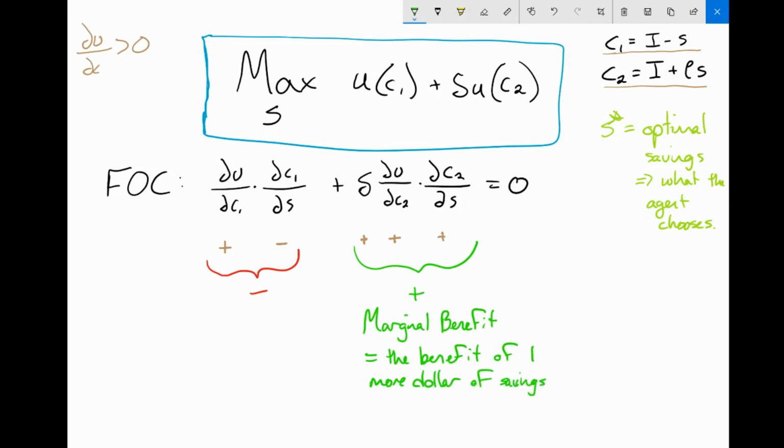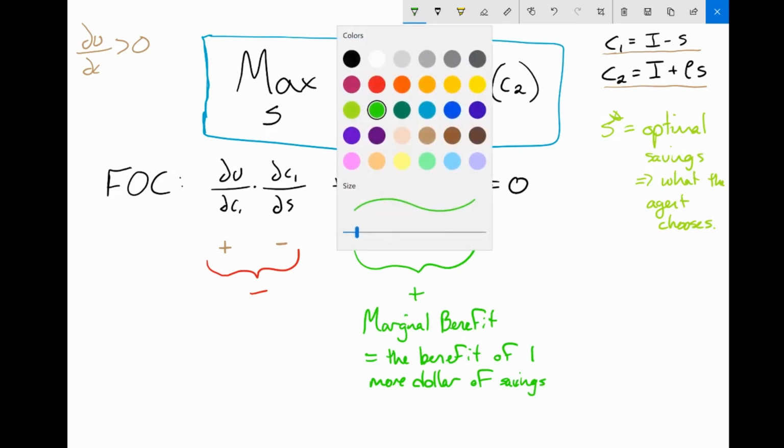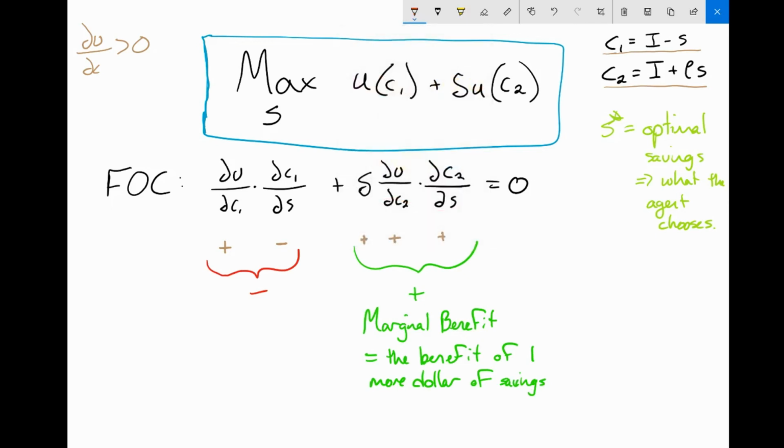It's the marginal benefit of savings. This negative is the marginal cost, which means it is the cost of one more dollar.